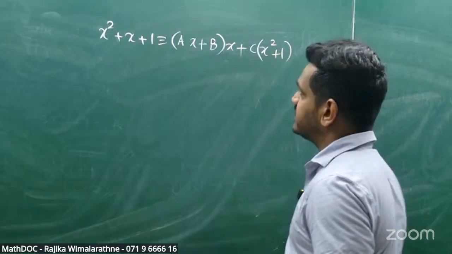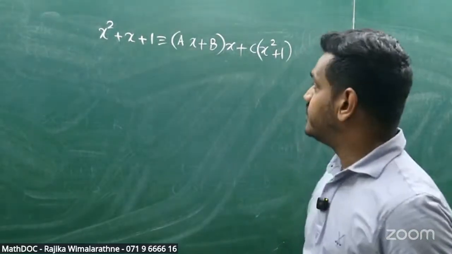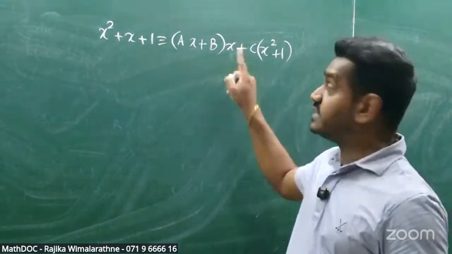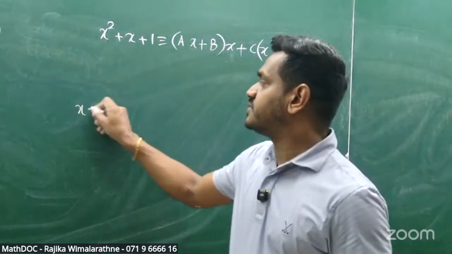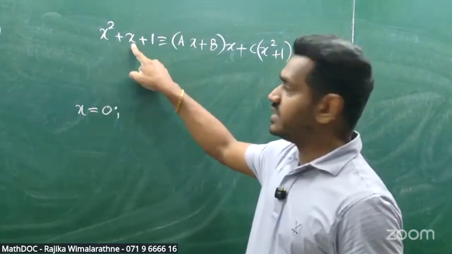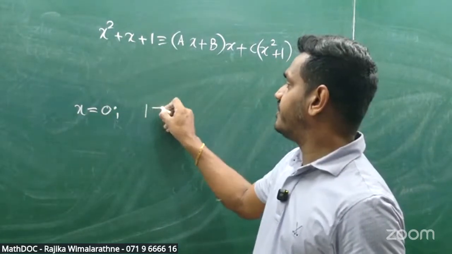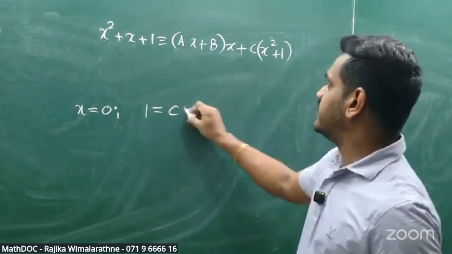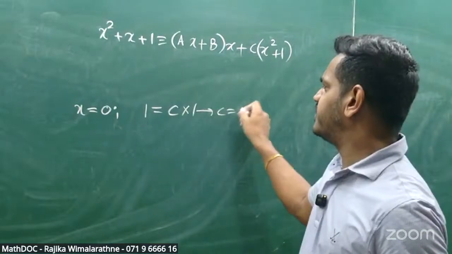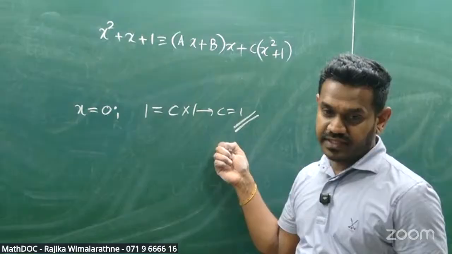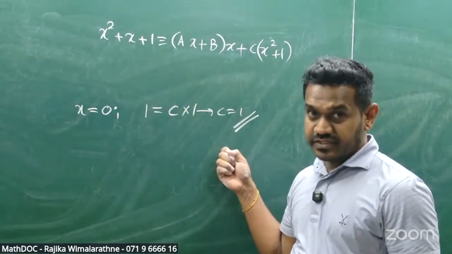Take this relation, so you can substitute values. Because of this factor, substitute x equals 0. Then this part gets 0, and c times 1 gives c equals 1. Value substitution is a very strong method.